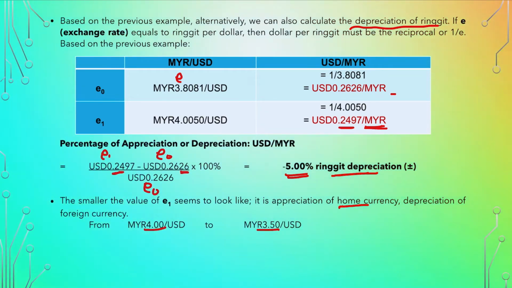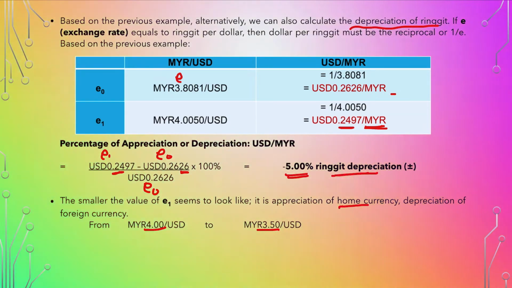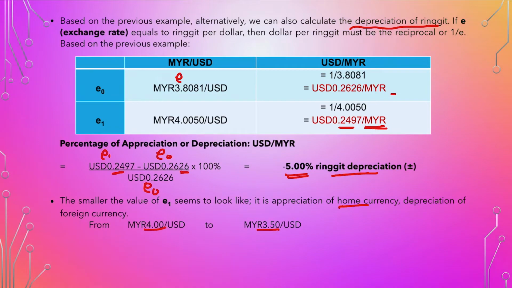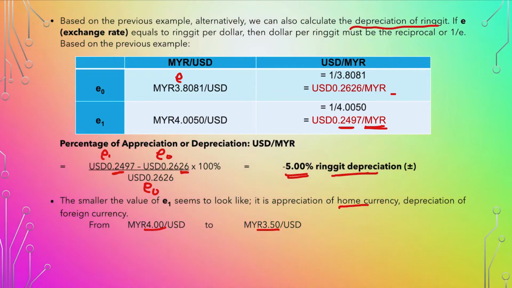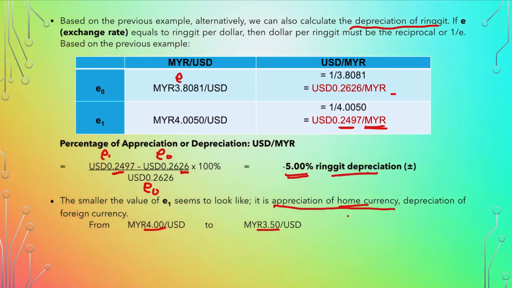We had to buy 1 US dollar with 4 ringgit, and now 3.5, meaning the Malaysian ringgit appreciates. Appreciation of the home currency, which is the Malaysian ringgit, and depreciation of the foreign currency, the US dollar.